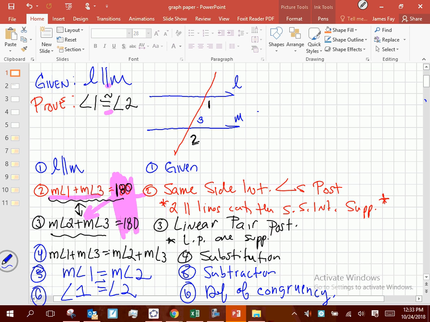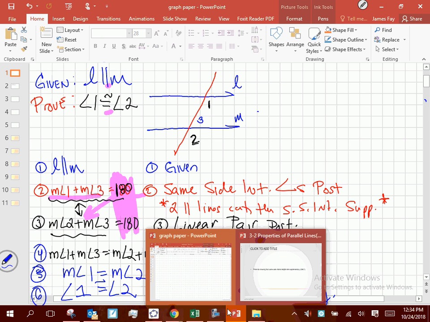We might see over, I don't know, 100, 150 proofs this year. But they can all be categorized in about 5 or 6 different styles. This is a particular style. We see this procedure over and over and over again. So that's the corresponding angles theorem.